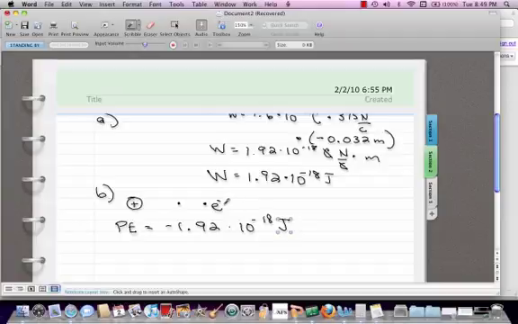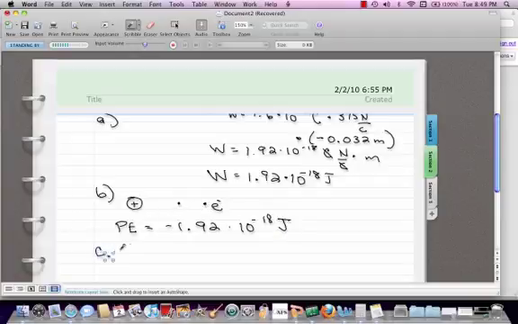If I were holding this electron and then let it go, it would move towards the positive charge. Because it would be pulled towards it, it has potential energy. And when it gets here, the potential energy is lower. So it's losing potential energy when it goes from here to here, thus the negative.